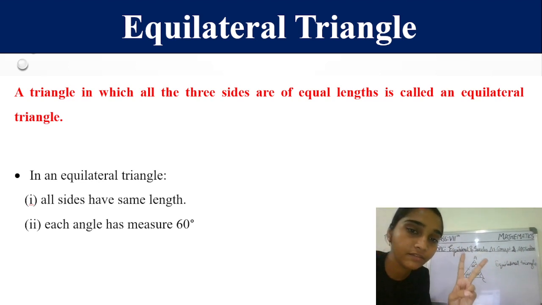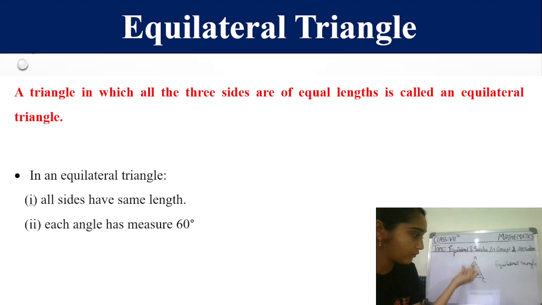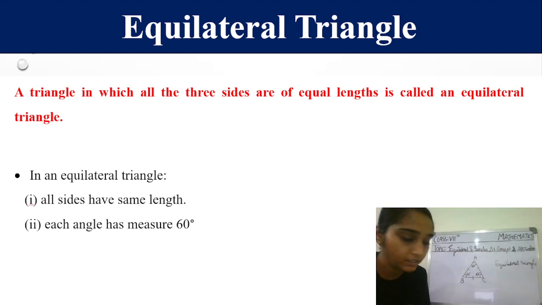So two things we have studied till now, that in an equilateral triangle all sides are of the same length, and each angle measures 60 degree. Okay, so I hope now we are clear about what an equilateral triangle is. Very good students, let's proceed ahead now.